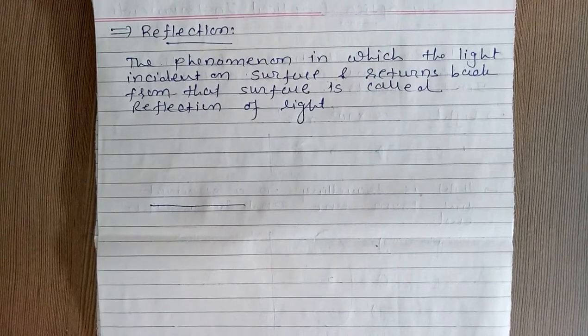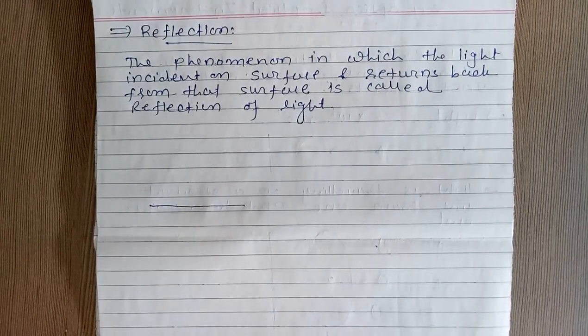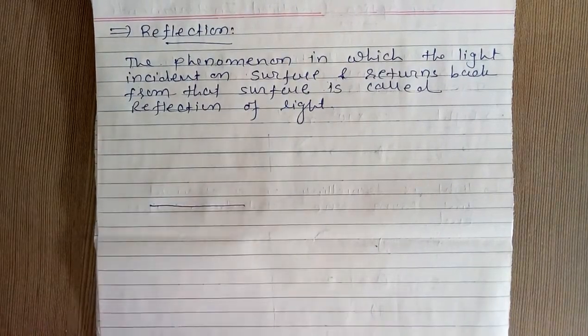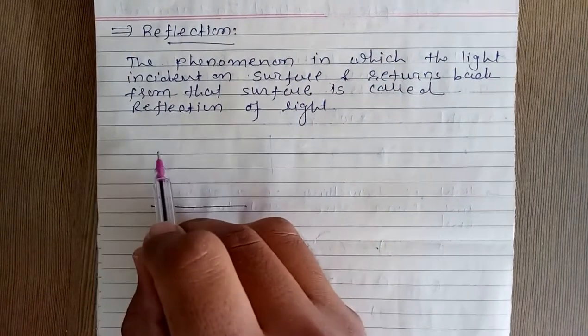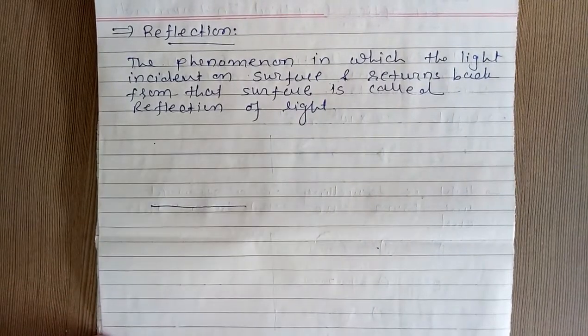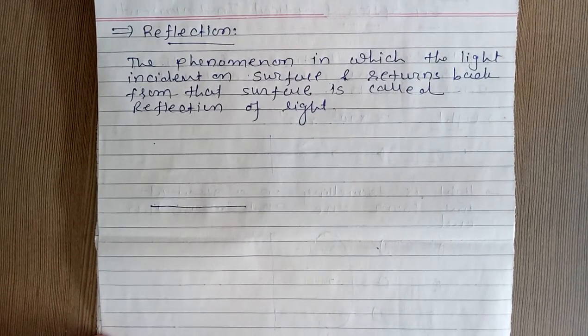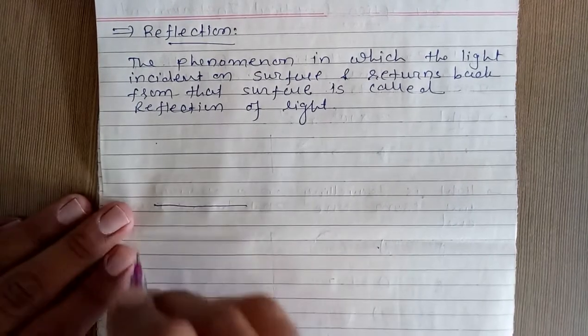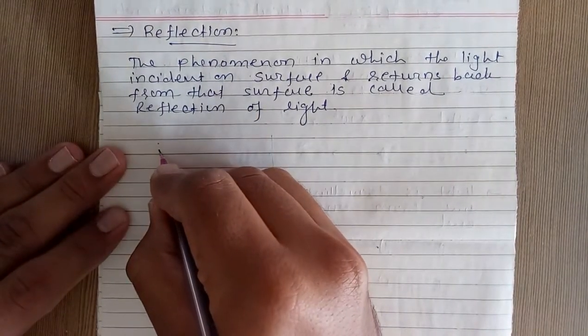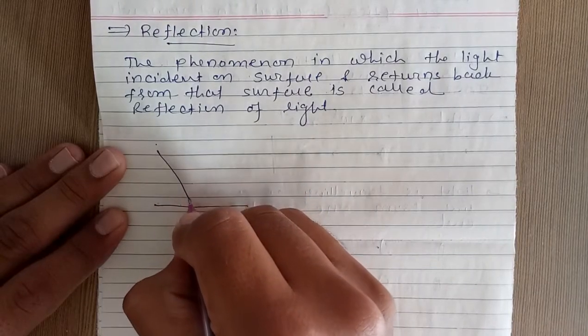As per the phenomenon, light is incident on a surface. Suppose here there is one source of light and we switch on the source when we need light. So when we switch on the source, the ray of light is incident on this surface.